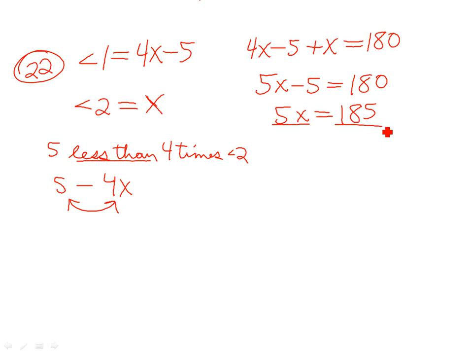Somebody help me out, what's 185 divided by 5? 37. Is that our answer? No. It's one of them, right? That's this angle. How do we find the other angle? Probably easiest, just subtract it from 180. What do you get?